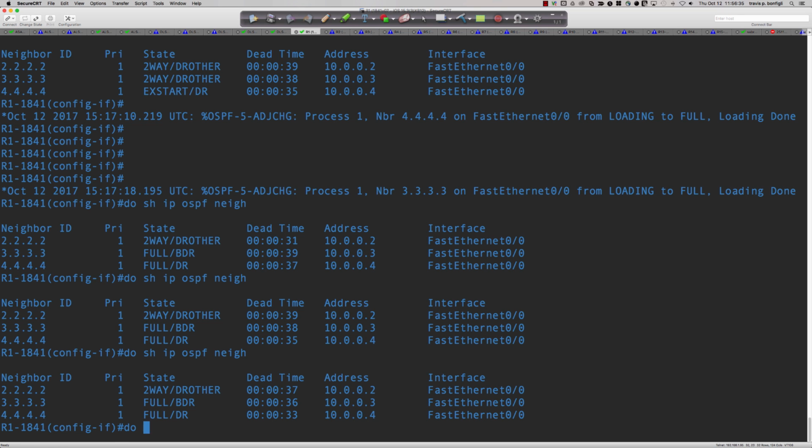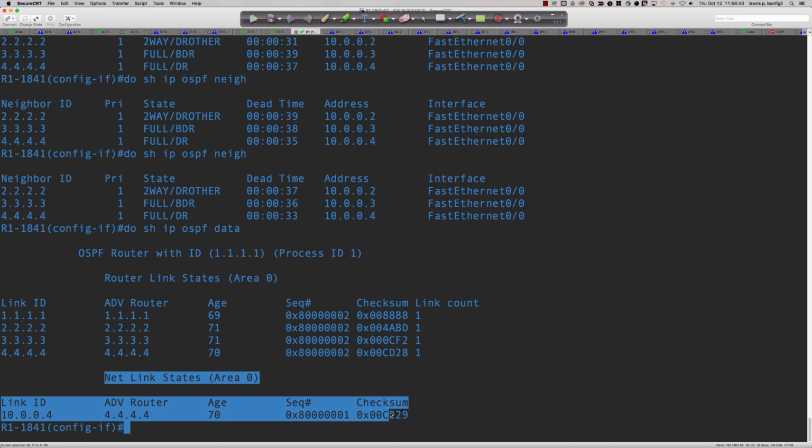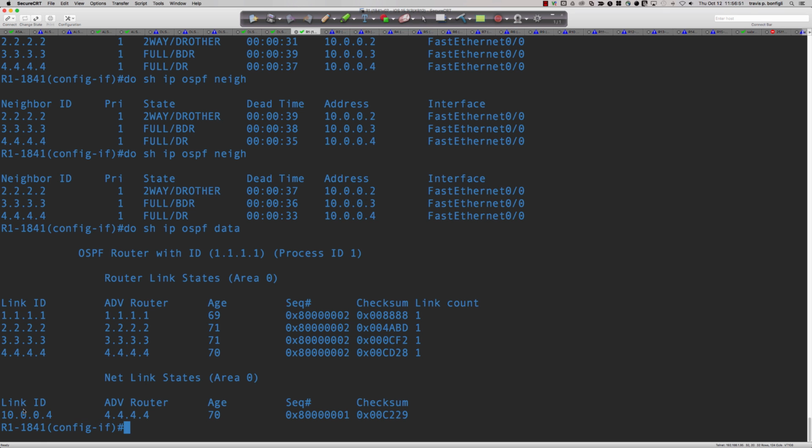If I say show IP OSPF database, you can see we have the type 2 network LSA. I shouldn't say type 2 summary, sorry. The link ID is the IP address on the interface of the designated router. The whole subnet is 10.0.0.0/24.